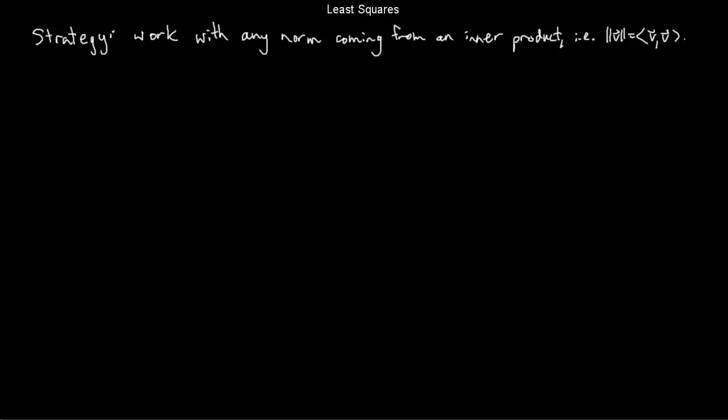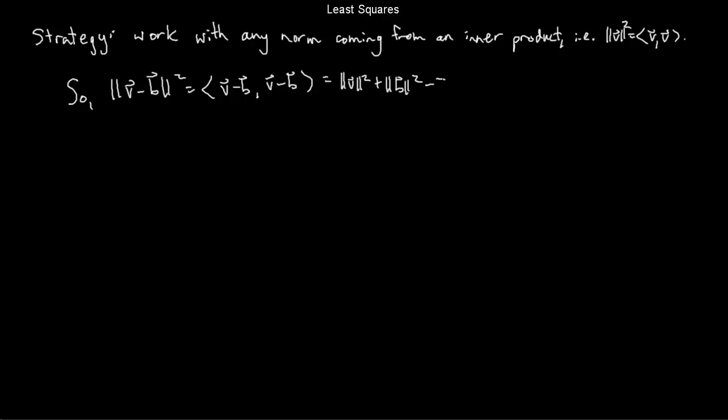Okay, so if you try to compute the norm of v minus b, and we're just going to try to minimize that over all v's, well, you can take the square of that norm, that's (v minus b) dot (v minus b), and using FOIL from middle school, you get v dot v plus b dot b minus 2 v dot b, and then v dot v is the norm of v squared, and b dot b is the norm of b squared.